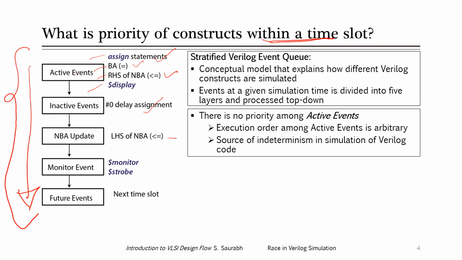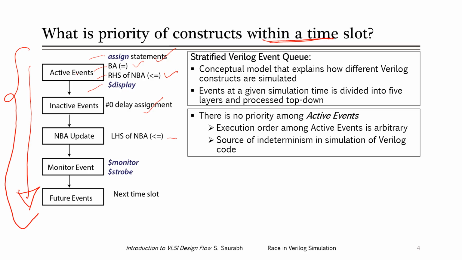Now, why is this kind of thing introduced in the Verilog standard? The reason is that if you consider a hardware circuit, there will be multiple elements in the hardware, and all of them are executing in parallel, right? So we never know, if things are being executed in parallel, which will start the execution first.